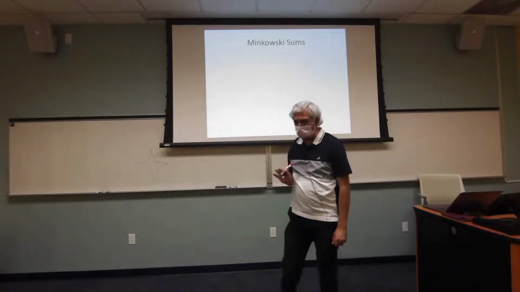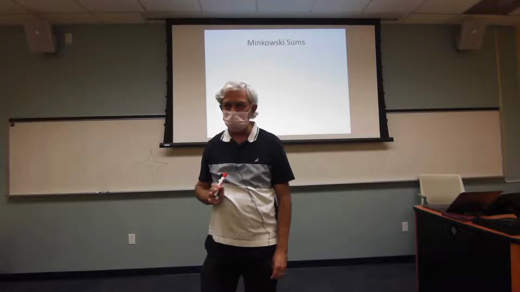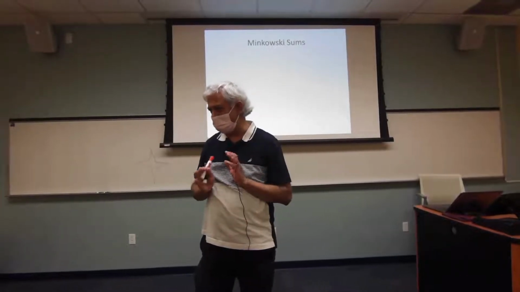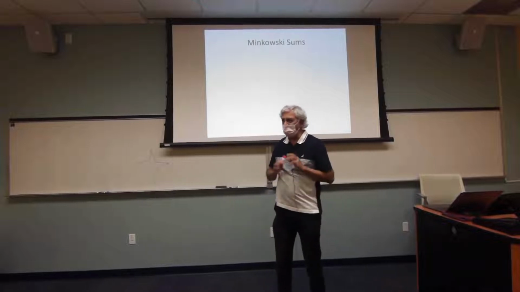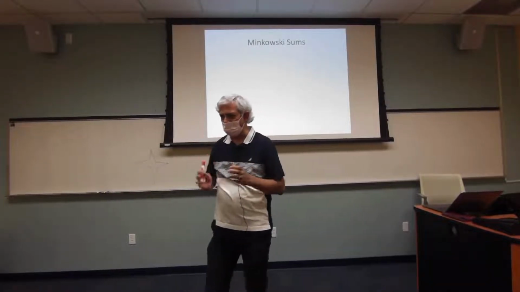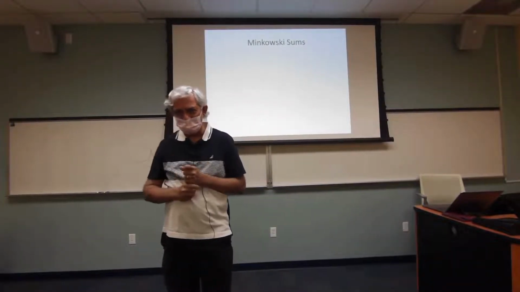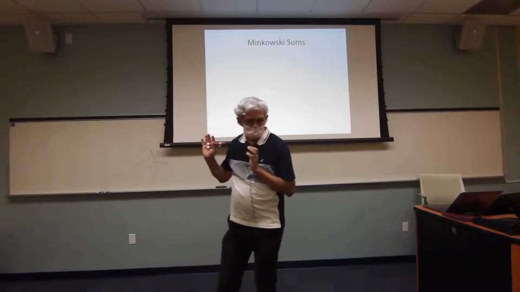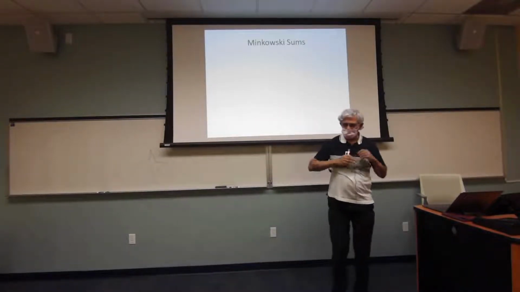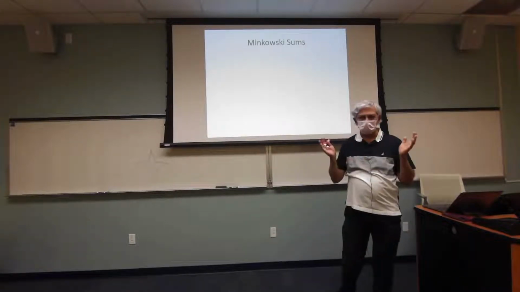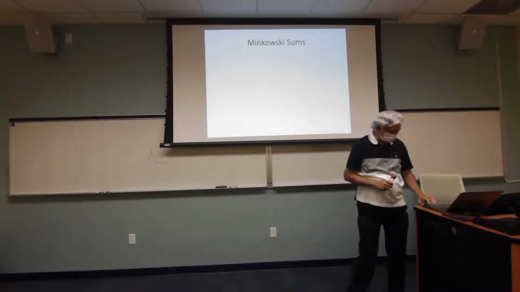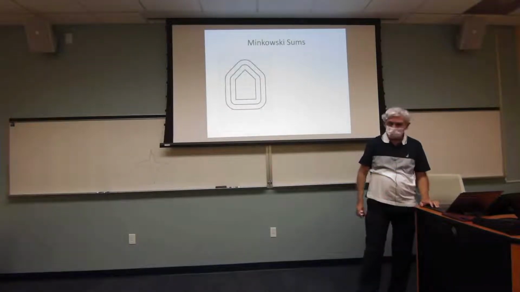I gave the name not to impress you, but so that you can go and find this on the web somewhere. There's a ton of literature on it, but it's not easy. It's a very complex topic. But I'm mentioning it because you can go and find code for Minkowski sums in a reasonably easy manner. Now, what is a Minkowski sum?